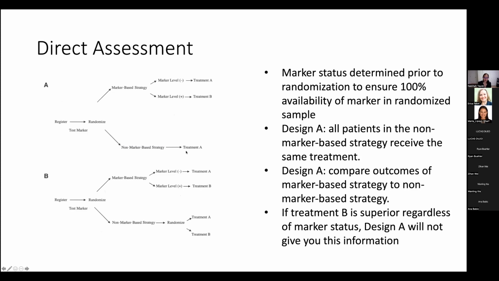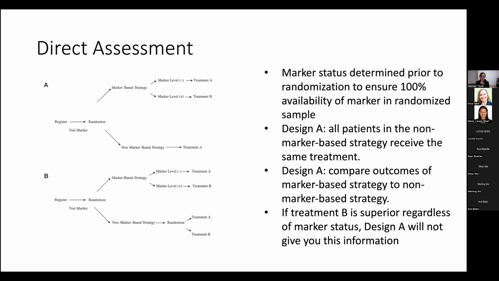Because you didn't treat anybody in the non-biomarker-based strategy with treatment B, let's say treatment B is just a better treatment overall. You could falsely attribute that to marker positivity, like being in the marker-based strategy, when actually treatment B is just better. And so that's the caveat for this design.